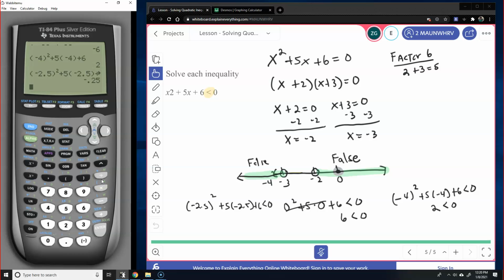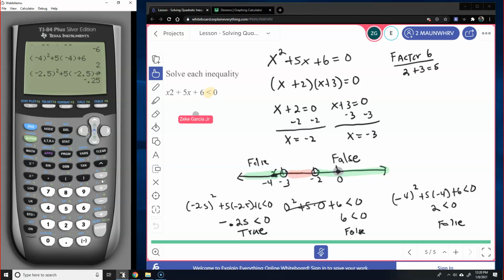And you notice it's -0.25, and that is less than 0. That's true. This was false, and this is false. If one point is false, they're all false. And between -3 and -2, -2.5 was true. So the answer to this is everything that falls between -3 and -2, not including -3 and -2.